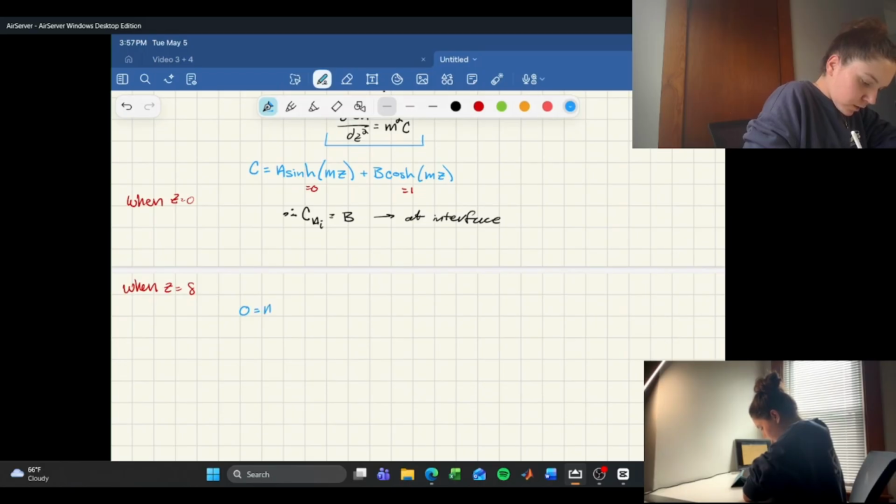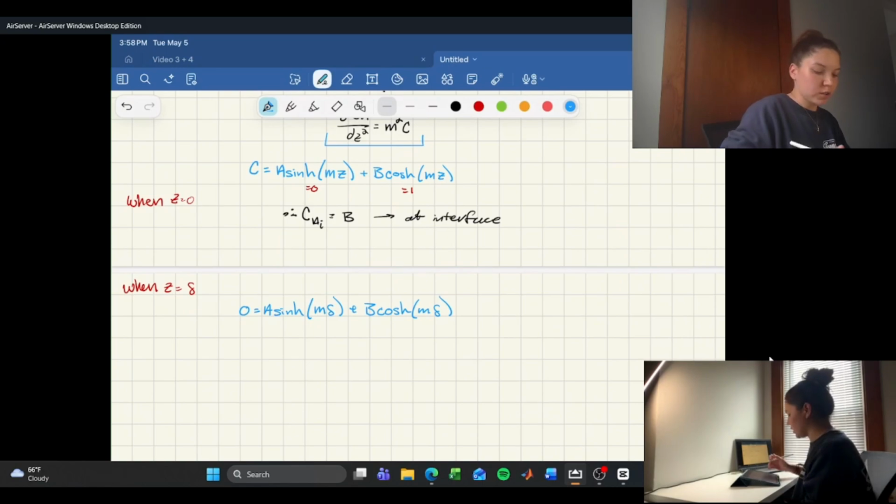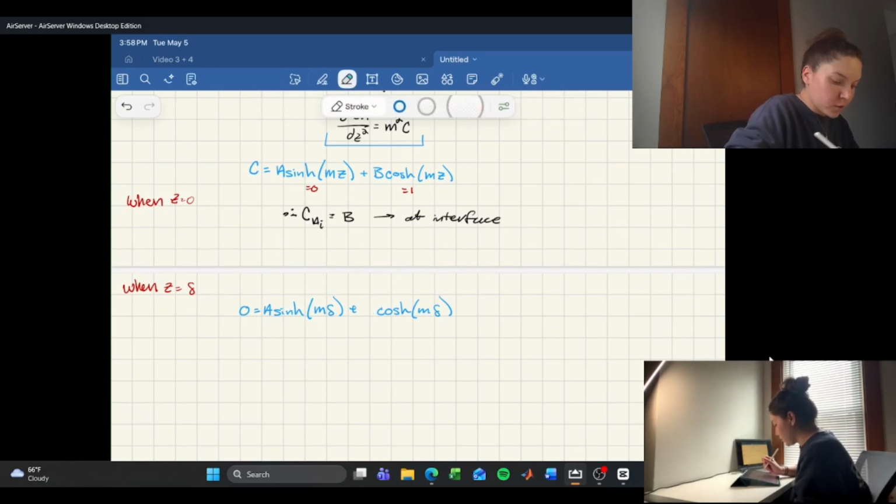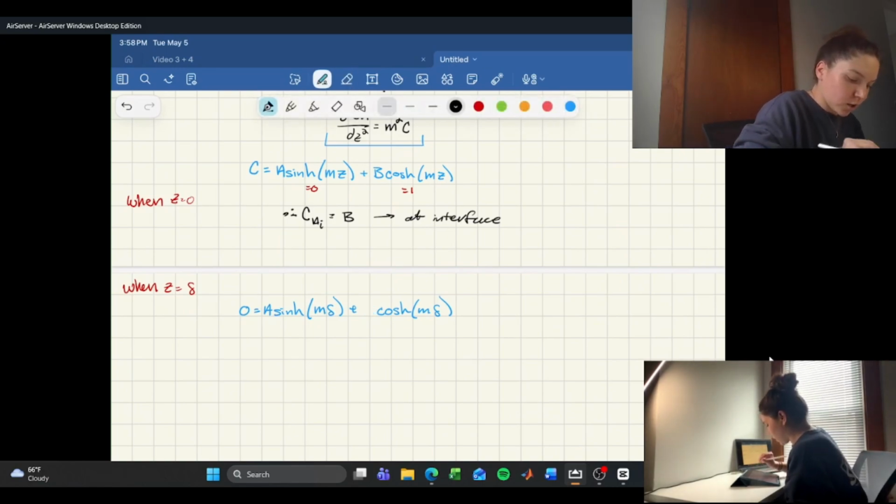It's equal to some constant A times the hyperbolic sine of m delta plus some constant B times the hyperbolic cosine of m delta. And then we already solved for B. We said that B was the concentration of A at the interface.